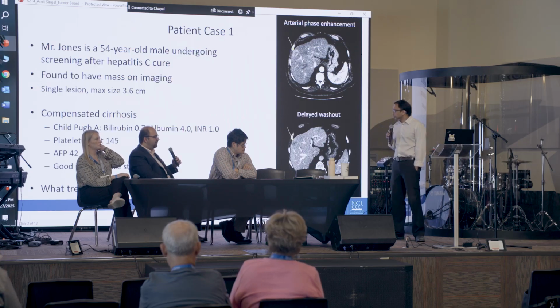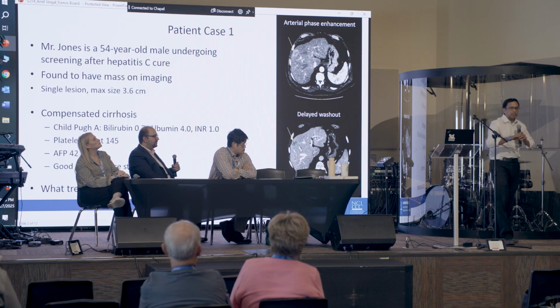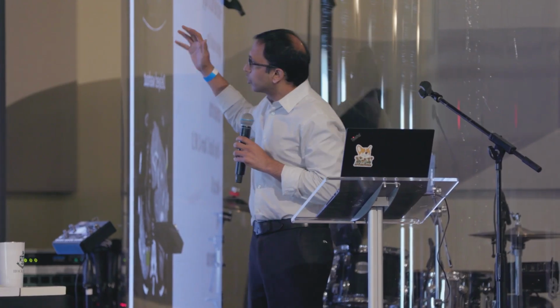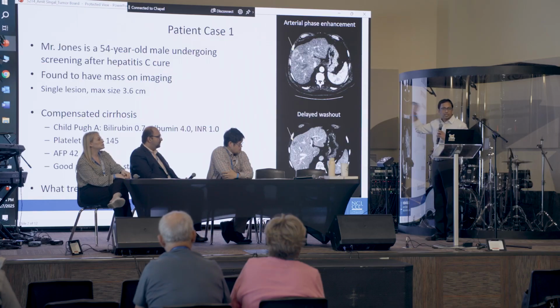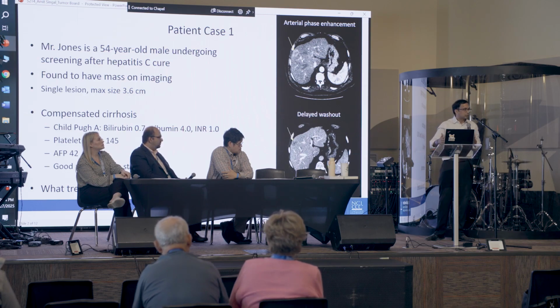Yeah, so the key thing, thanks, Juan. Really what we're talking about here is that this lesion seen on imaging has a definite appearance for liver cancer. I had referenced before, when you're going through screening, we often don't need to do a biopsy. Moaz talked about this system of radiology grading. This has a classic appearance on imaging where we can say with 95% certainty that this is a liver cancer.